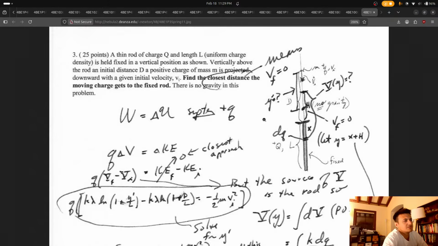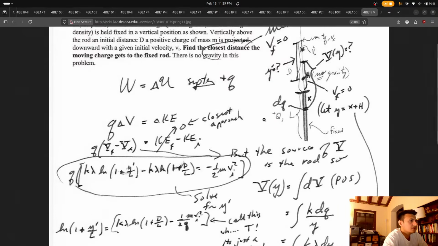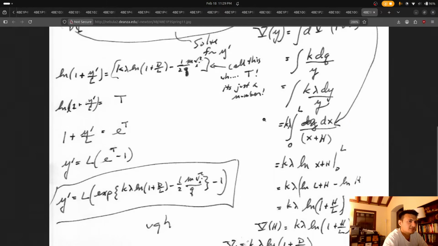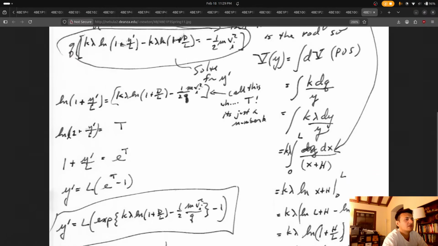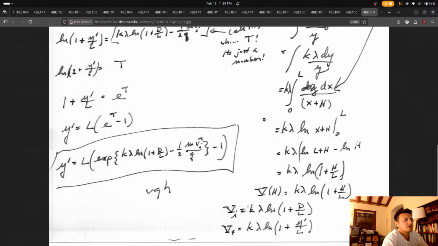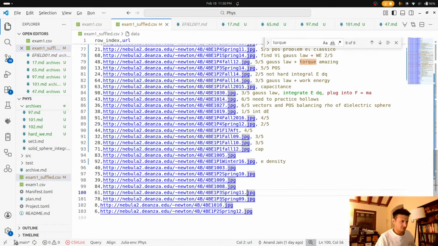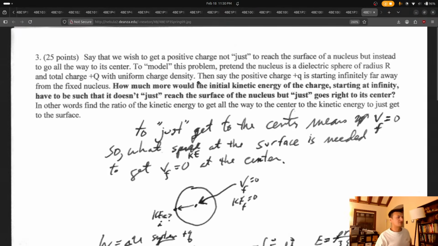You take the system just as Q, then the work done. Okay, yeah, this is integral dV. I haven't seen that many integral dV. They're not that hard, but I haven't seen a lot of them. And then the algebra just gets really nasty.